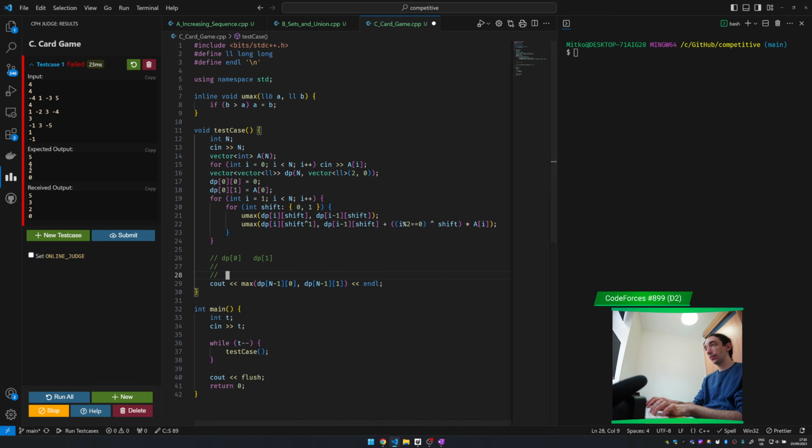You start from the back and you say the following. First, we calculate DP where pluses are on the odd and where minuses are on the even. And we do, right, how would that look?